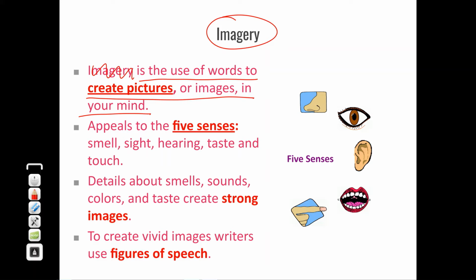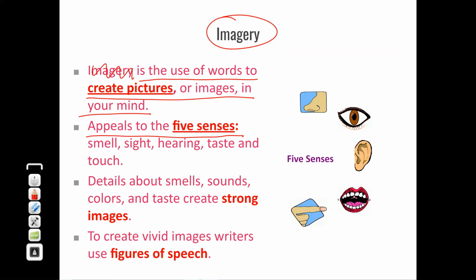You might also want to write down that it appeals to the five senses, and I listed them there: smell, sight, hearing, taste, and touch. When you play to those five senses, you create strong images.